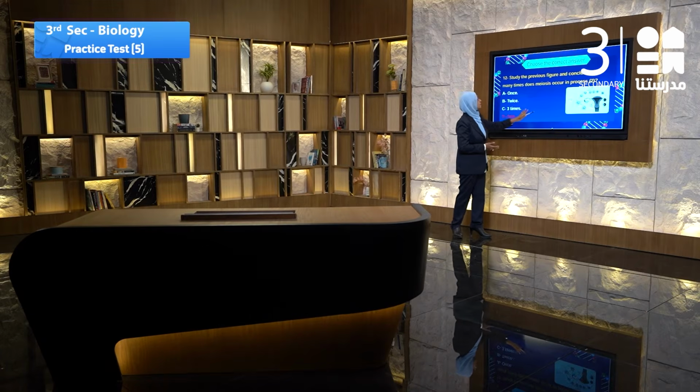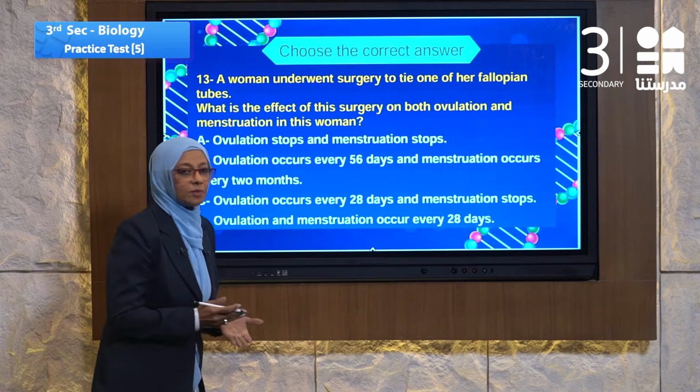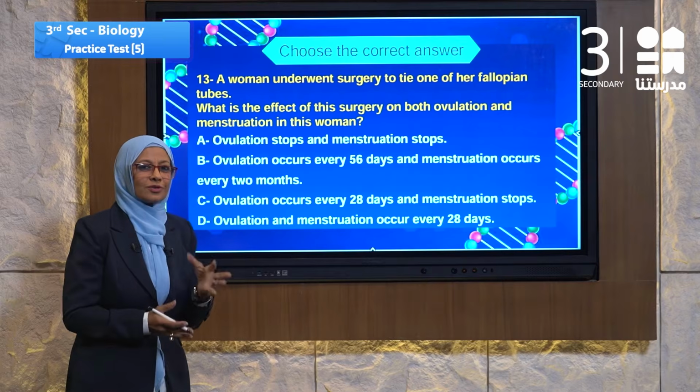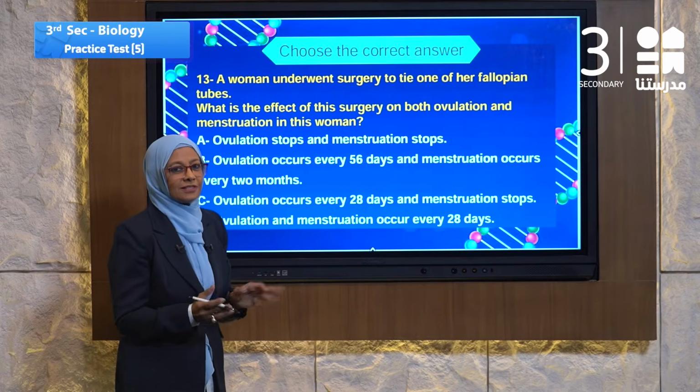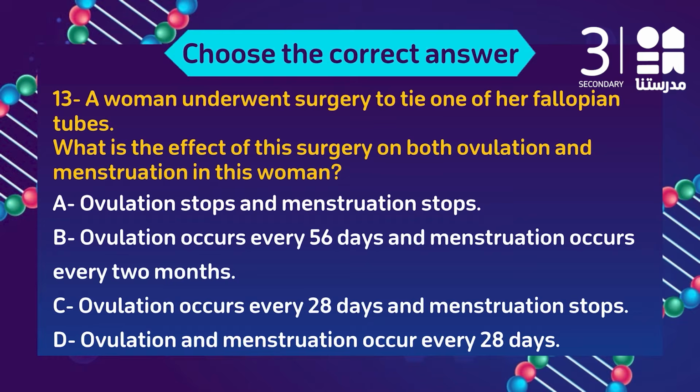Let's go to question number 13. Question number 13 speaks about reproduction again. Reproduction here is as a joke or a trick. Let's see what the trick is. A woman underwent surgery to tie one of her fallopian tubes. There are 2 fallopian tubes.